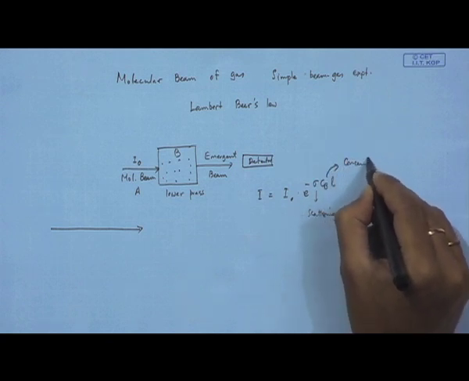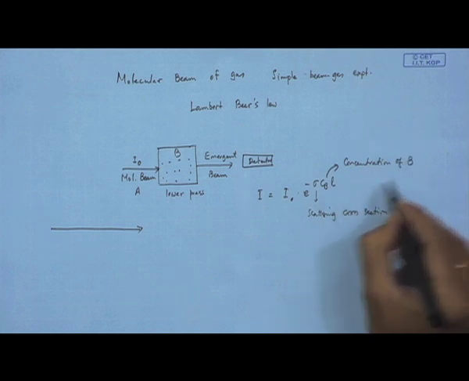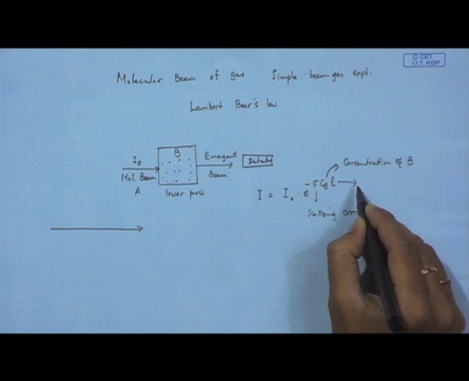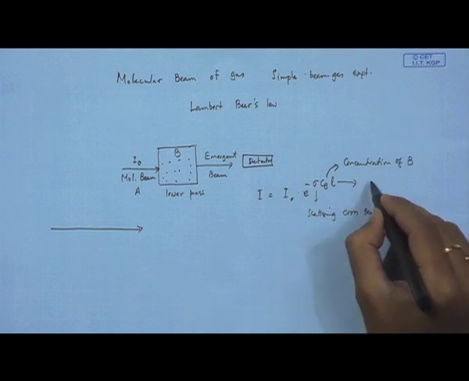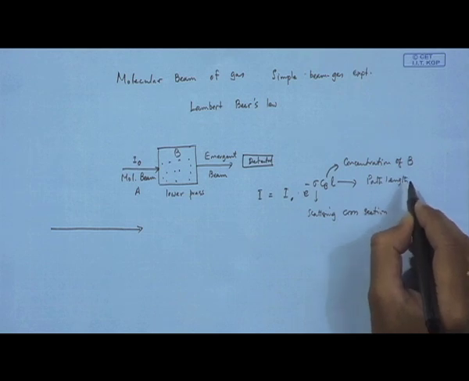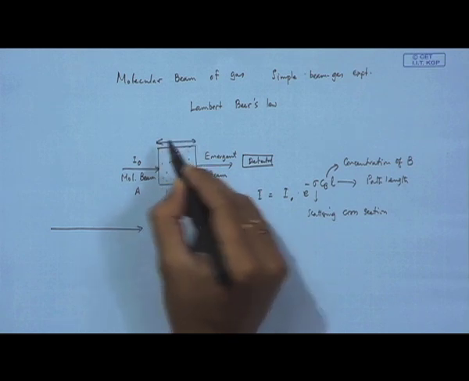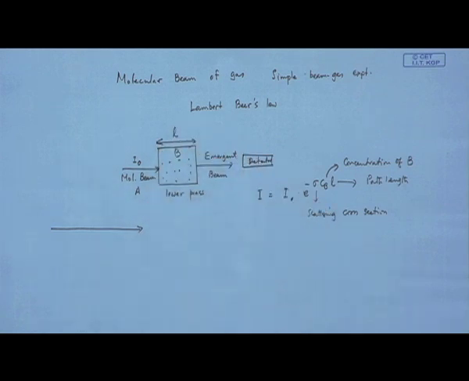Cb is the concentration of B, and L is the path length. That is the path length of B through which A passes. It is very similar to Lambert-Beer's law in connection with absorbance spectroscopy.